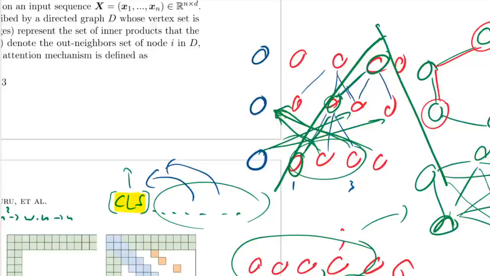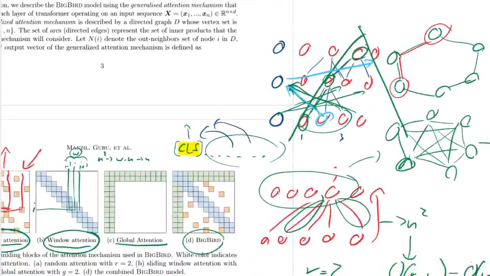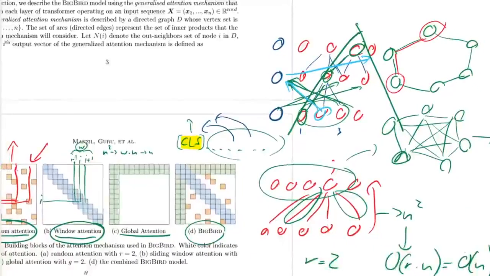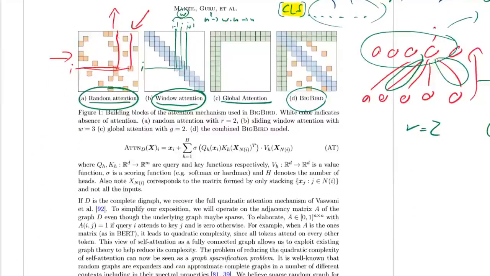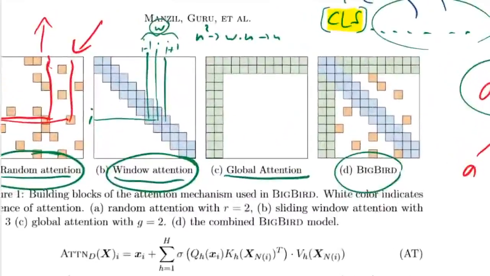As a result, every single path has a maximum length of 2, because if I want to go from any node to any other node, I can simply send information to this global node, and then the global node in the next step can send information to whatever other node. That is a property they use in their proof that this attention mechanism is as powerful as the classic full attention mechanism. And we'll go through that in a second.